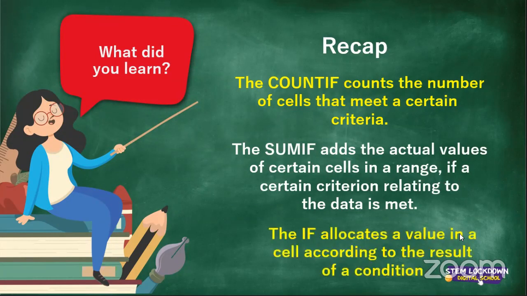Then the IF allocates a value in a cell according to the result of a condition. And like I said, guys, remember tomorrow, the whole lesson is about the IF. So if there's something that you don't understand, we're going to do it at a much slower pace so that everyone would understand.